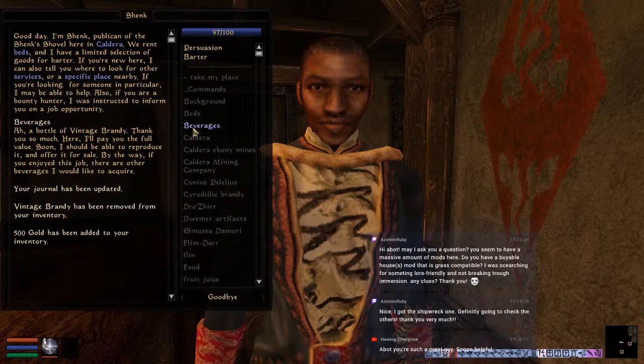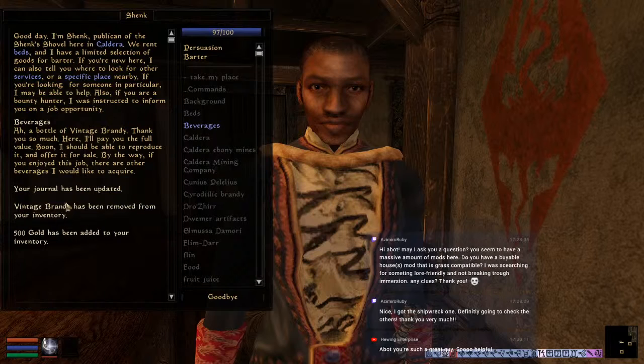The topic is beverages, which is also a topic used by, for instance, Necessities of Morrowind. So here it is. A bottle of vintage brandy. Thank you so much. Here, I'll pay you the full value. Soon, he should be able to reproduce it, and offer a few bottles for sale.